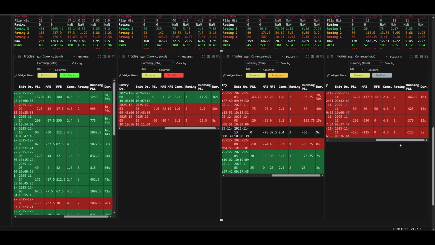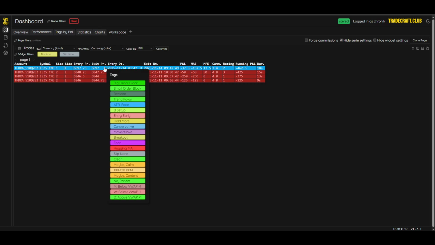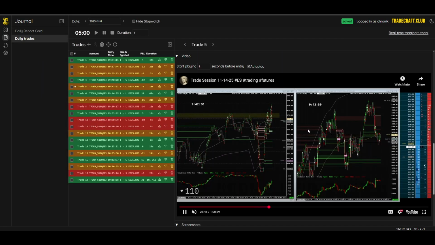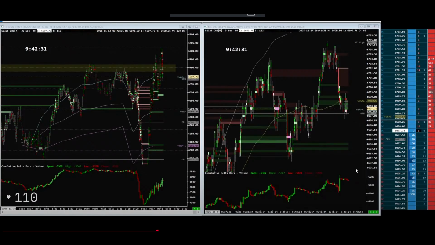Click on, expand that one. Expand and just click on each one of these trades. I want to see the screenshots. You could probably just pull up the playbook, but here it is down here. Play it.